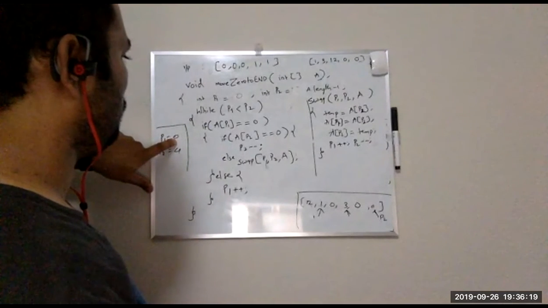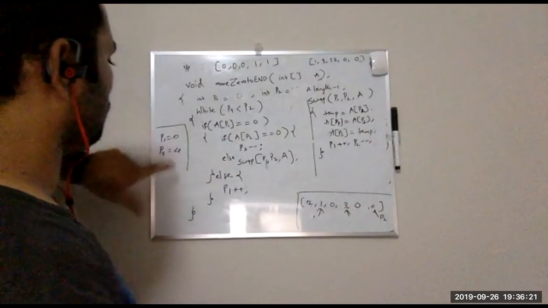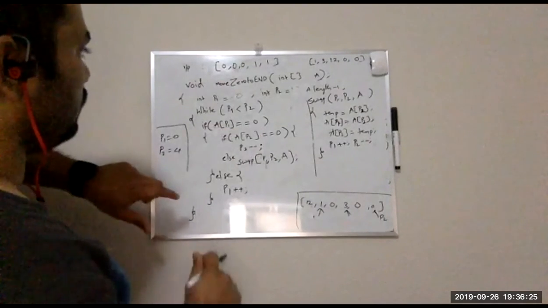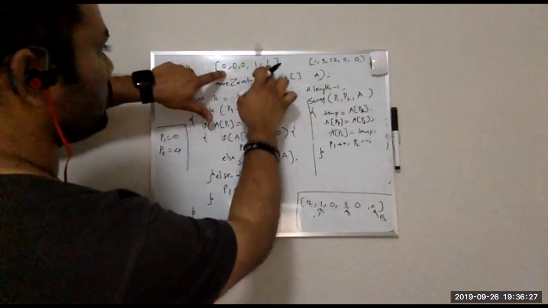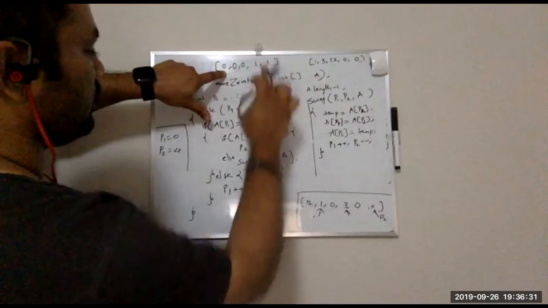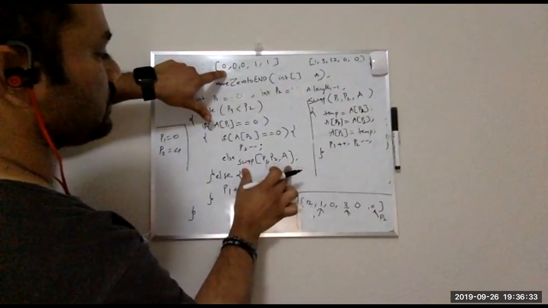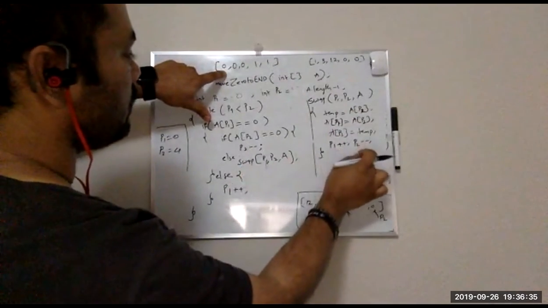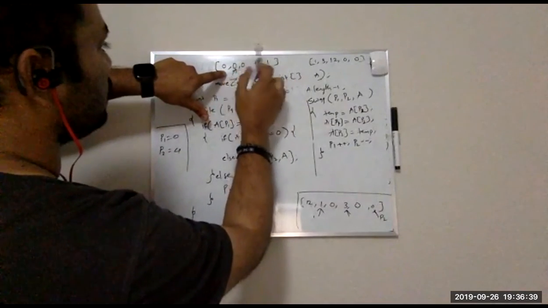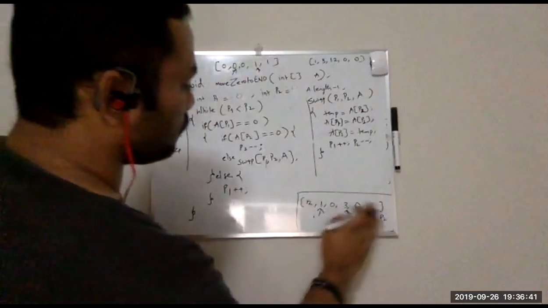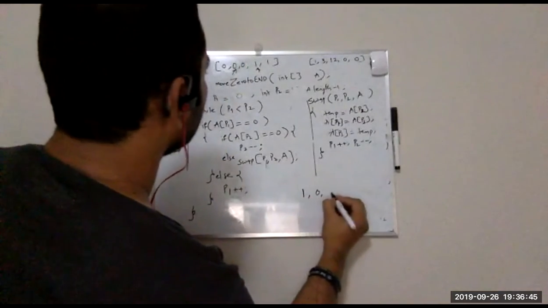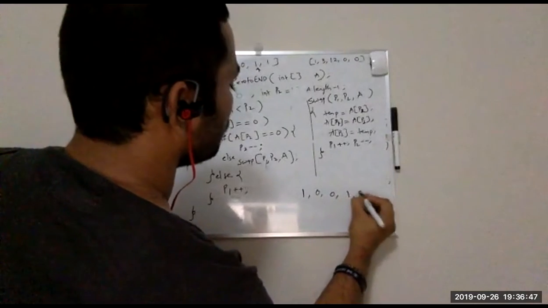If a of P1 is equal to 0, then I'll be checking this value with this one. This one is not equal to 0, so we'll have the swap function, and it will increment P1 to here and decrement P2 to here, and the final output would be like this: 1, 0, 0 and 1, 0.